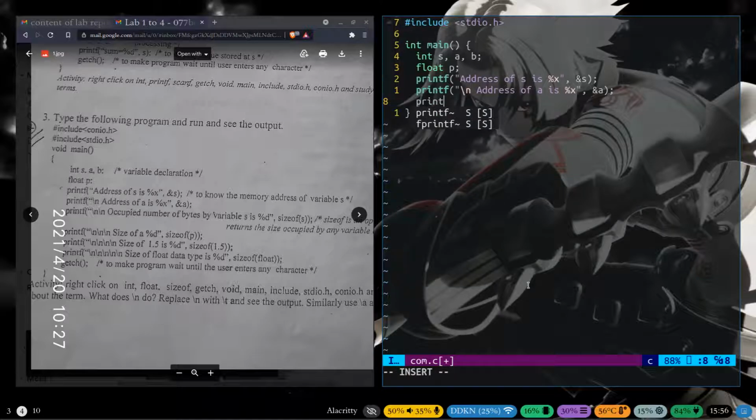And occupied number of bytes by variable is, what is that? Variable s is the size of s. Alright.